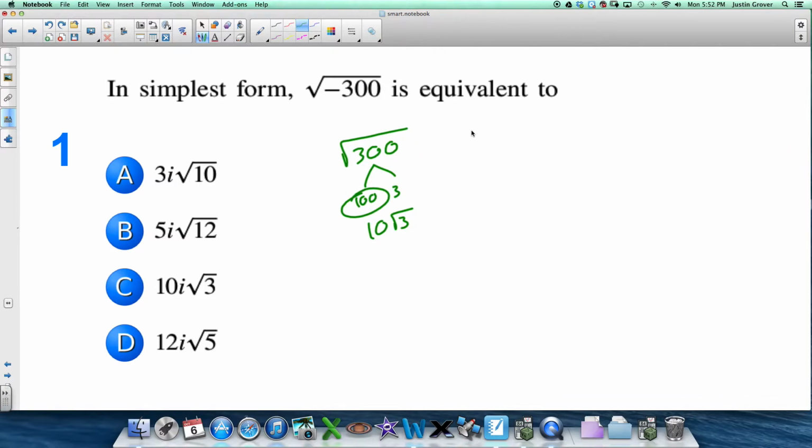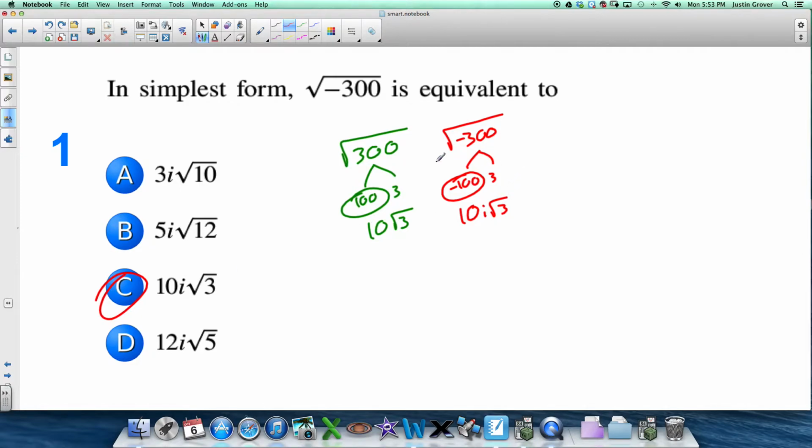Well, for the square root of negative 300, the only difference is that you're going to be left with this i that you see in all these answers, which stands for imaginary. And so instead of thinking of it as 100 times 3, think of it as negative 100 times 3. The square, use that to be a negative, and instead of 10 rad 3, it's going to be 10i rad 3. And that's why choice C is our answer here.